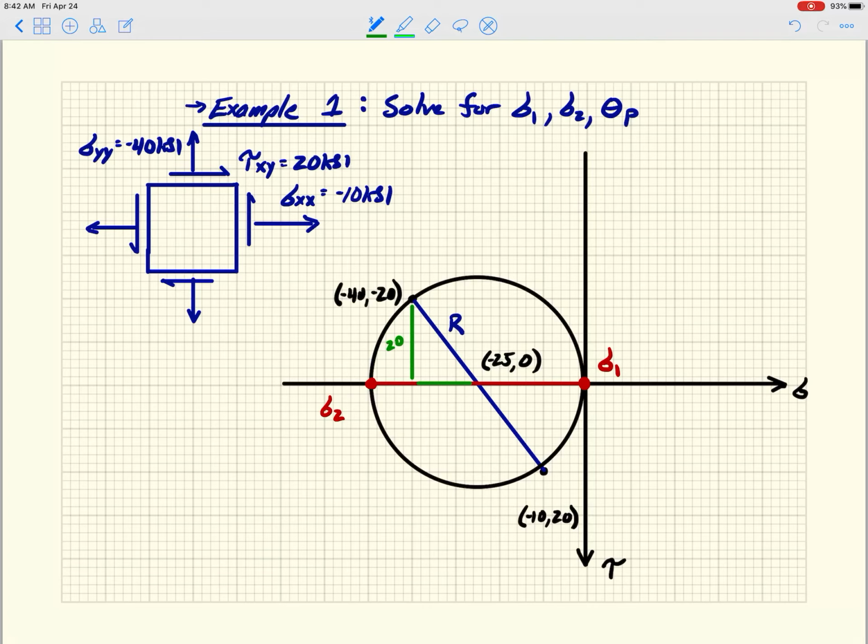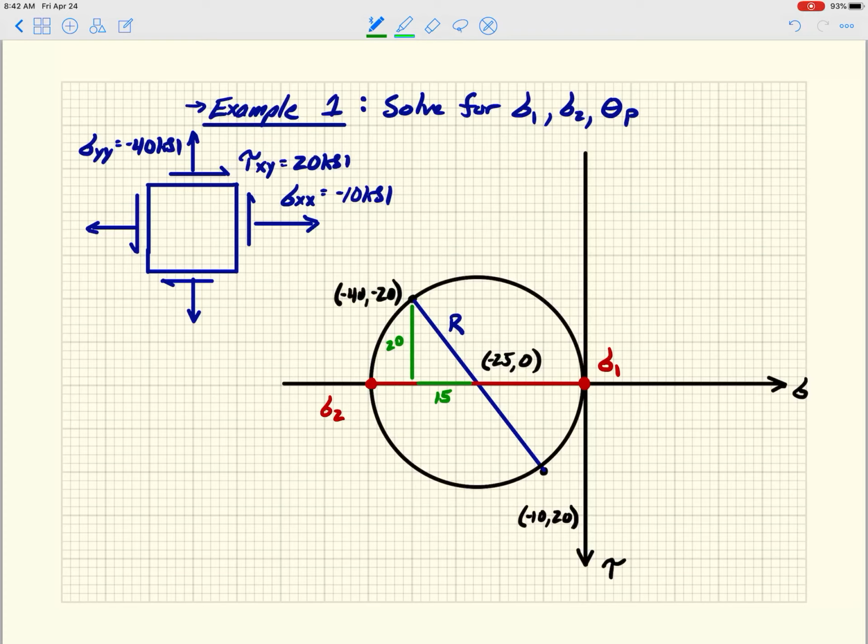So this vertical dimension is 20, and this horizontal dimension is 15. So I started at minus 25, and then I went to minus 40, so I moved 15. Doesn't matter positive or negative, we're squaring it. And then here I started at 0, and then I moved to 20, or minus 20.